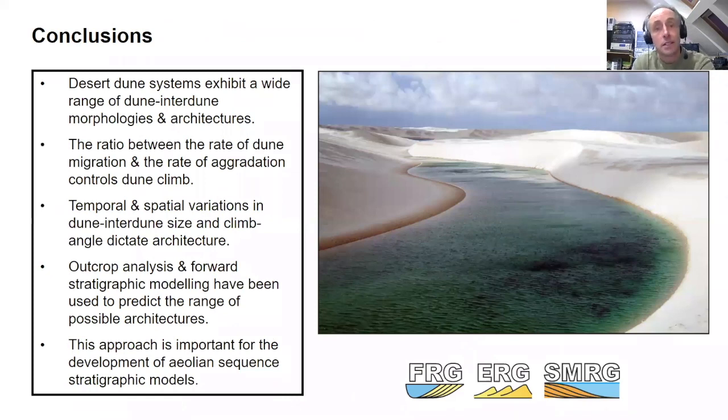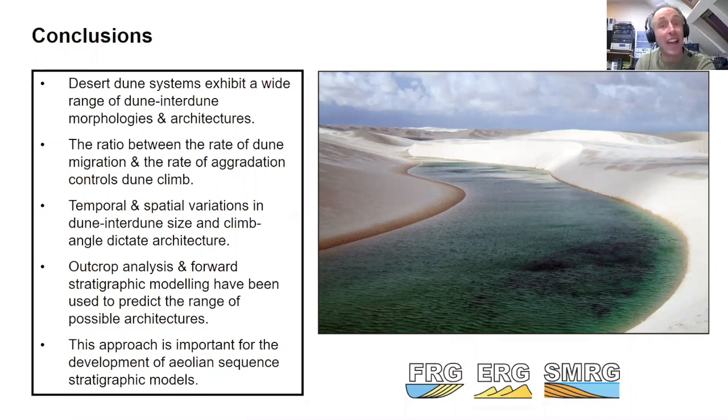When systems are accumulated into the rock record, the architectures that they produce look very complicated, and indeed they are very complicated. But if you understand what you're seeing, you can basically distill most of them down, not all of them, but most of them, as a product of how the dunes are tracking through the stratigraphic succession. And this is particularly for climbing Aeolian systems. Remember that some systems are not preserved through climbing.